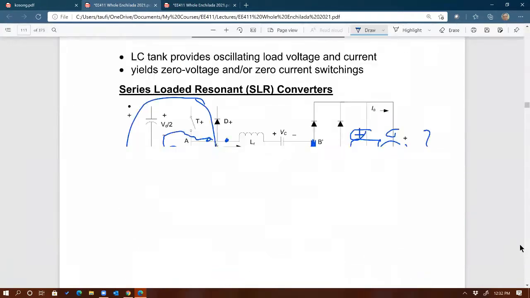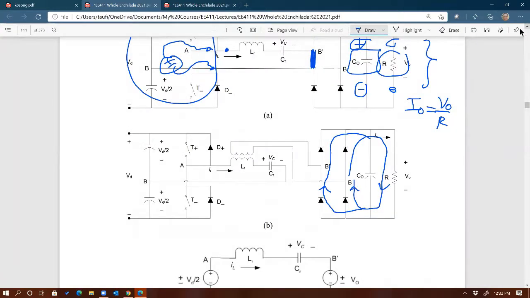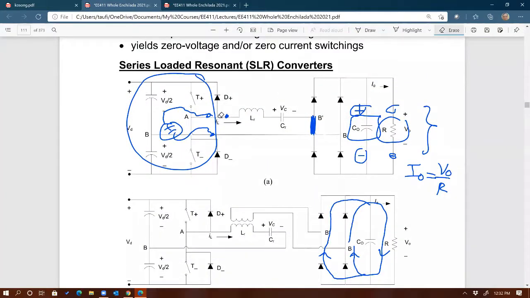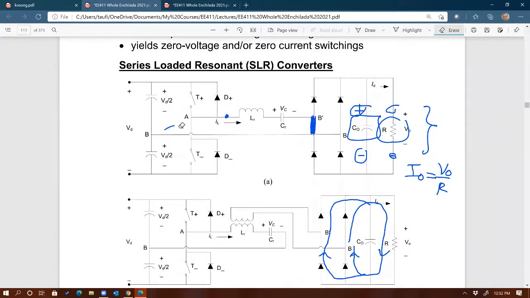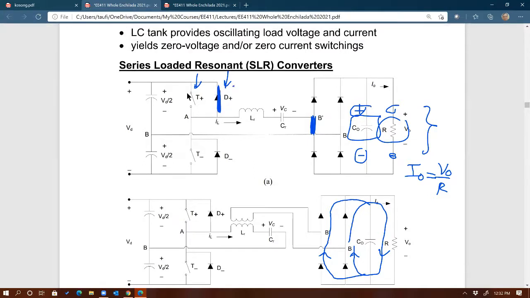So you have to go back to this circuit to determine the voltage across T plus. Since T plus and D plus are in parallel, as soon as current goes through D plus, creating a short across D plus, that means voltage across D plus is 0 volt. If voltage across D plus is 0 volt, that means voltage across T plus at the same time is 0 volt as well.